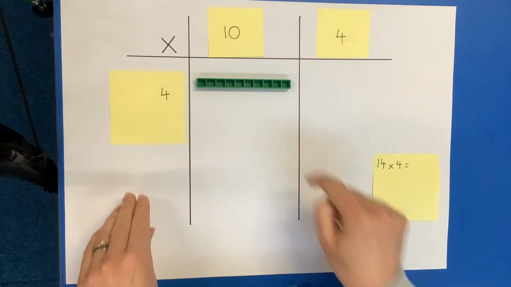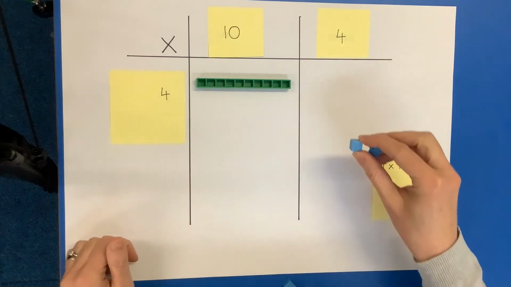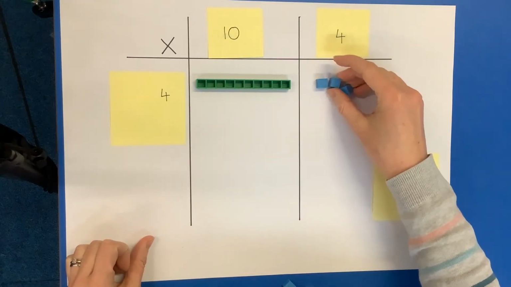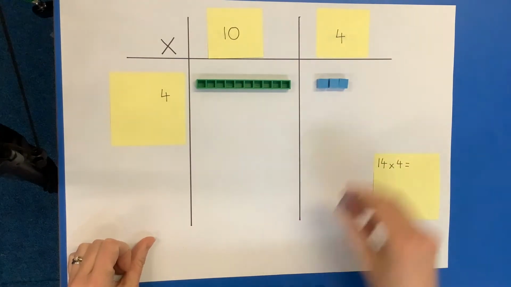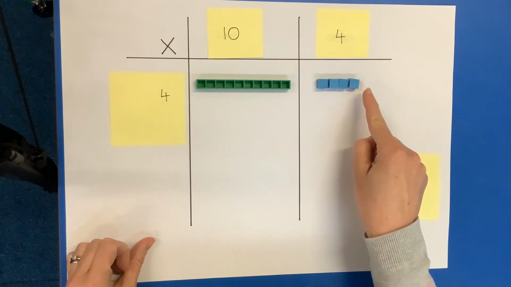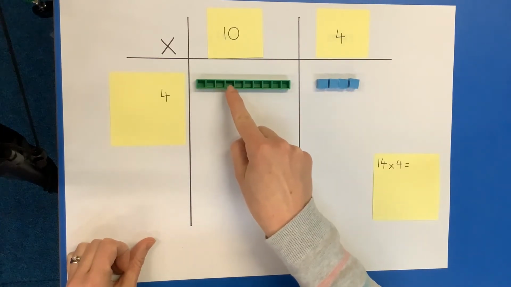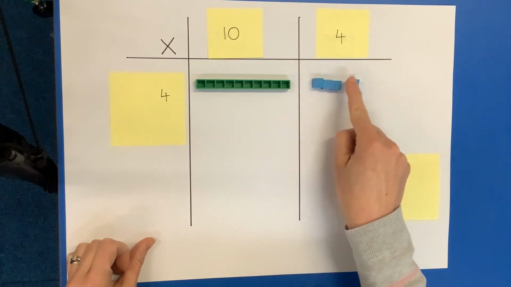So here's my first group of 14. Oh, it's not 14 yet, it's only 10. So I must add my 4 ones to make it into a group of 14. Can we all agree that's a group of 14? 1, 2, 3, 4, 5, 6, 7, 8, 9, 10, 11, 12, 13, 14.